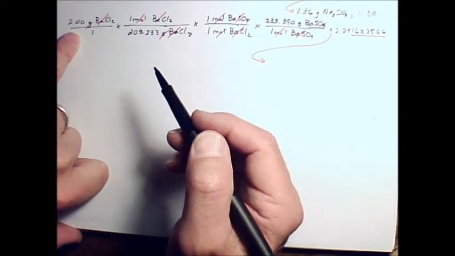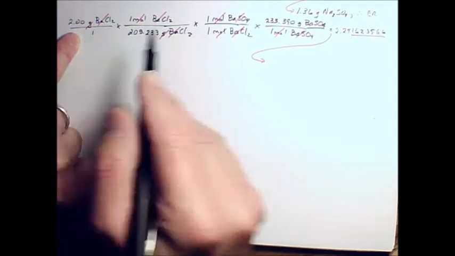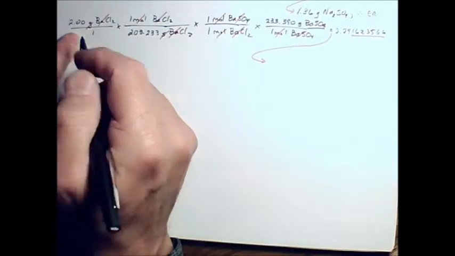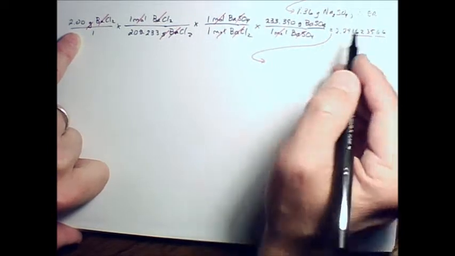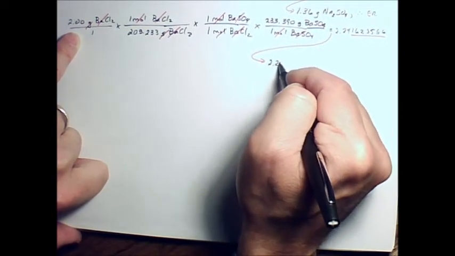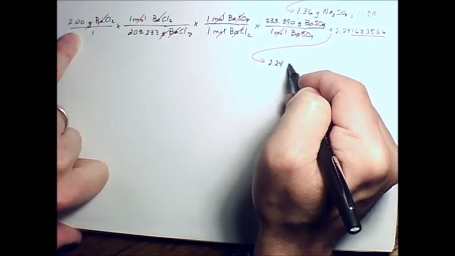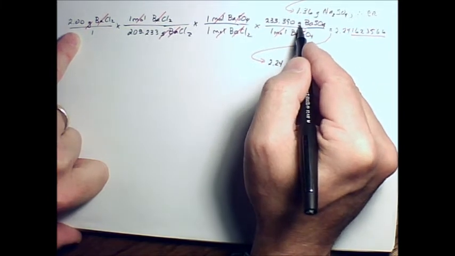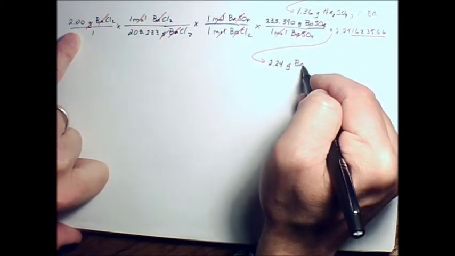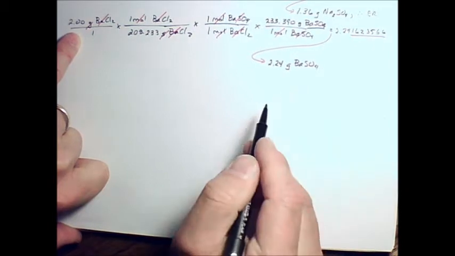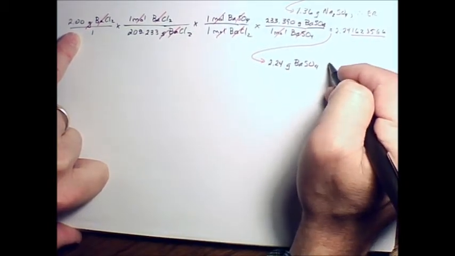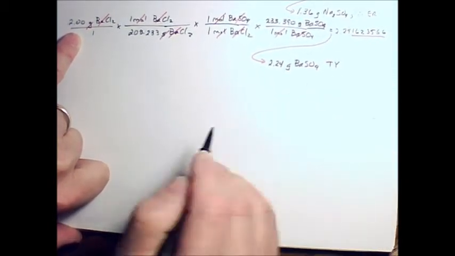But you can't depend on that. You actually have to count your significant digits. So the question was, do we always have 3 digits? That is not true. So 2.24 grams. We have grams of barium sulfate. So that's what we're going to write down here. Okay? And that is now our theoretical yield.